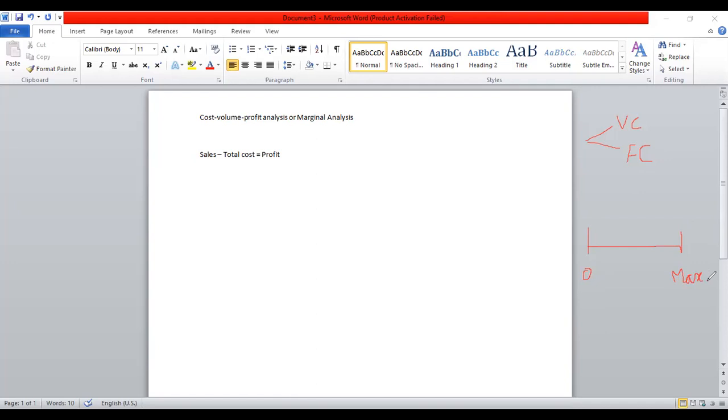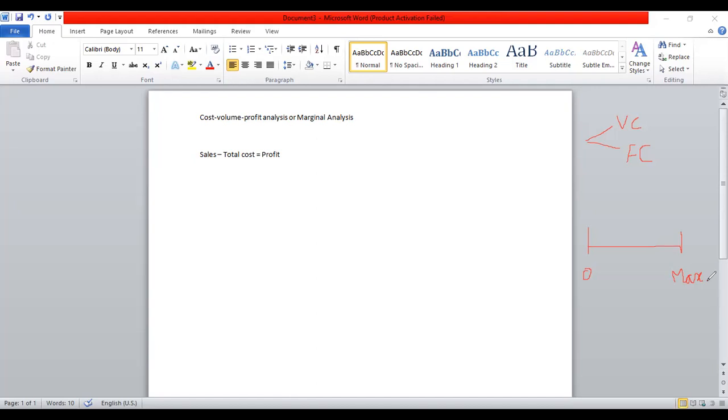Let's say there is an item called factory rent. Will factory rent keep changing with the output which they produce? In that factory premises, if they can produce, let's say, 1 lakh units, until they reach that capacity of producing 1 lakh units, factory rent will not change. It would be the same. It will change if they exceed that capacity.